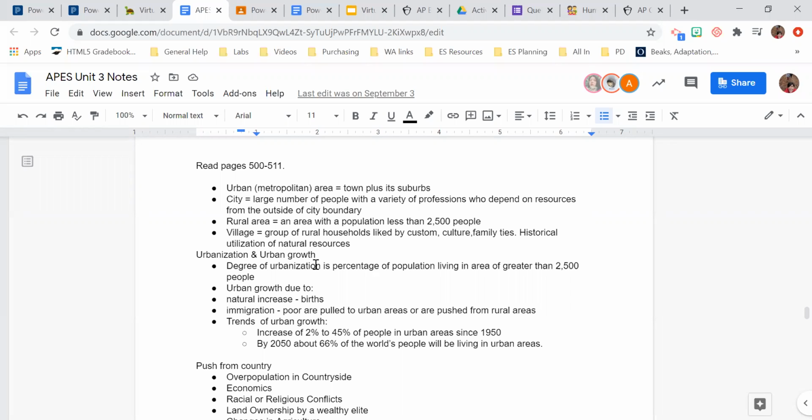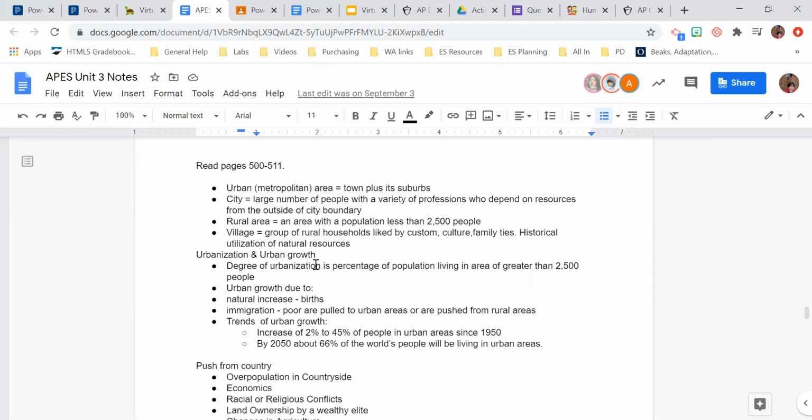Now, when we talk about urbanization and urban growth, what we mean is that a lot of people have been moving from areas like Young Harris, those rural areas, into the city. So when we talk about how urban a state is, for example, we would be looking at the percentage of people living in an area with more than 2,500 people versus the percent of people living in these small towns.